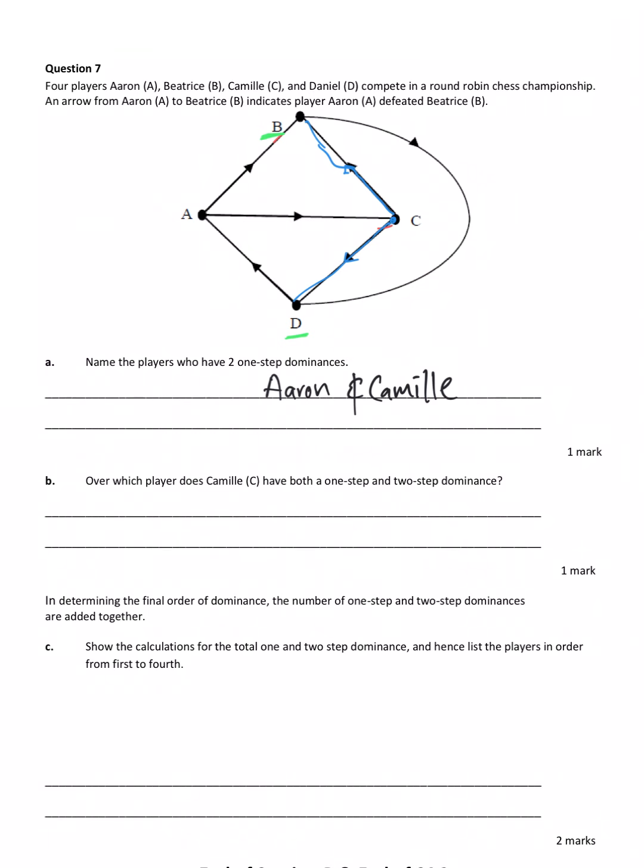If we go from Camille to Beatrice, Beatrice then beats Daniel. So Camille will have both a 1-step and a 2-step dominance over Daniel.